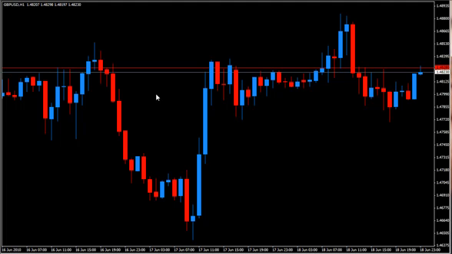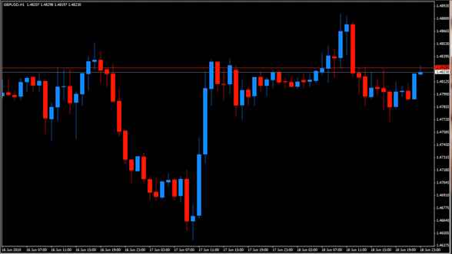One particular example that I can show you is what's referred to as an evening star. Right here on the left we've got a candle, then another candle here, this blue one, and then this red one here. Those three candle formations are referred to as a trade setup.